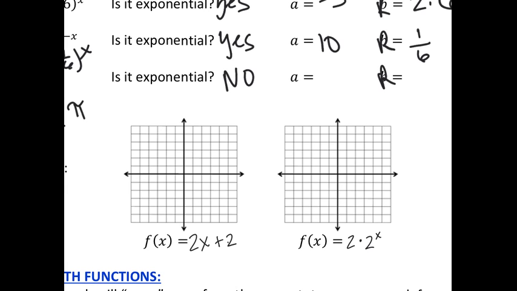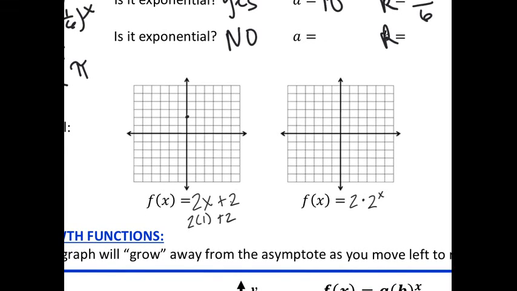Let's look at why these are different. If we graph the first one, your y-intercept is 2. If we choose any x value, we can find the y value. So when x is 1, y is 4.